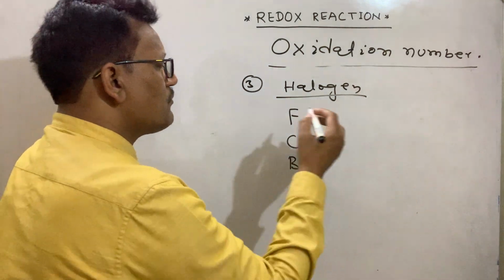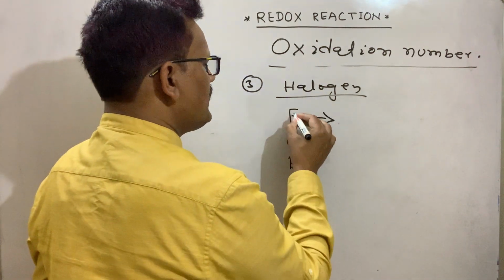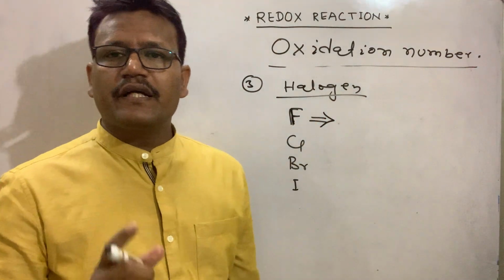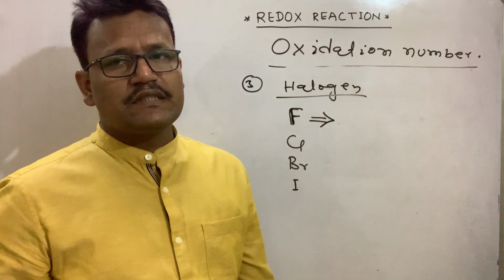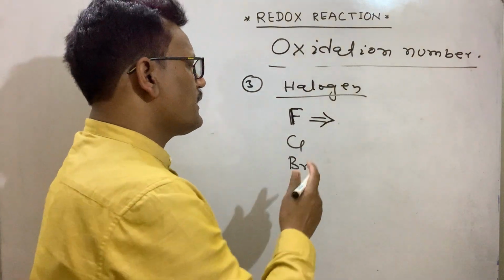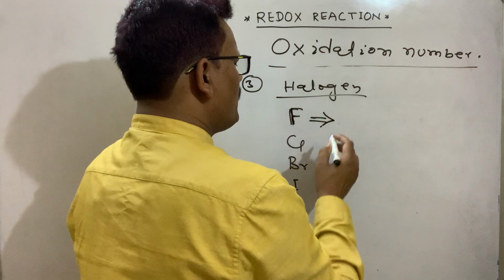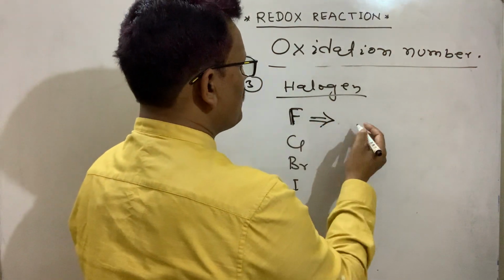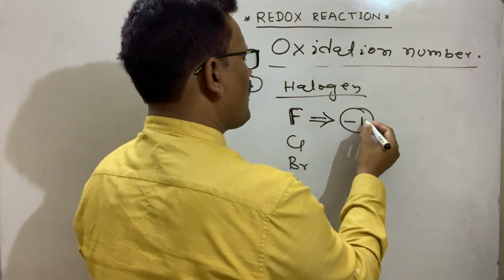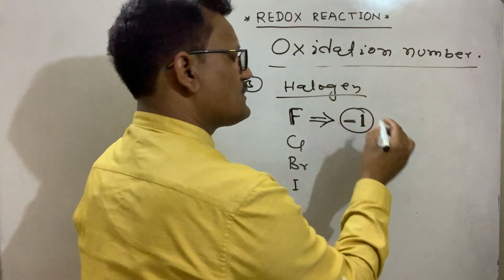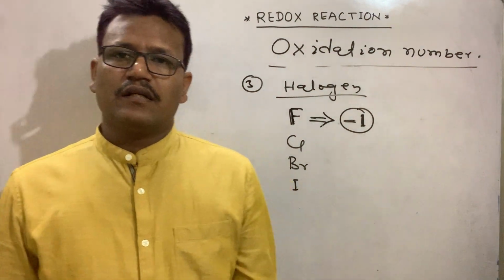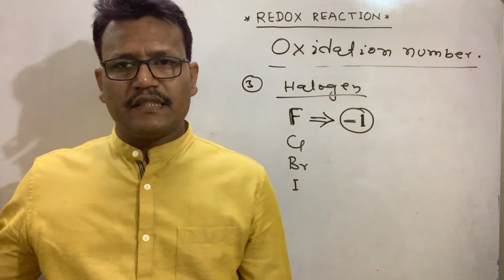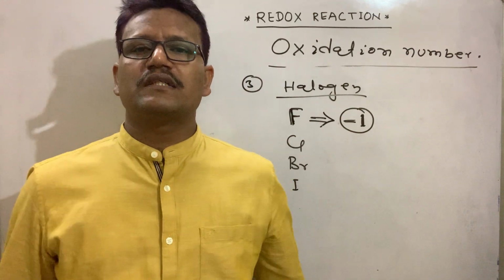So you must remember, fluorine is the most electronegative atom present in the periodic table. So fluorine has always, with no exception, -1 oxidation state. Fluorine shows -1 oxidation number. Its oxidation state is always -1.